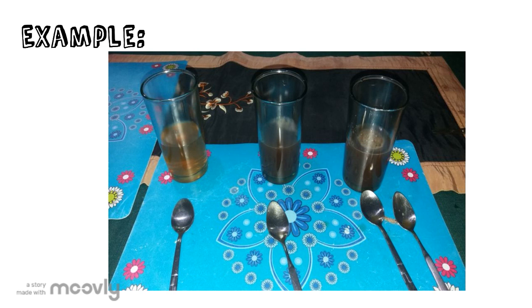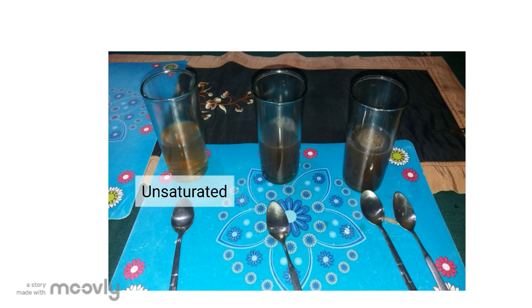After mixing them together, as you can see, the first glass has a duller color than the rest of the glasses. This means that the first glass is known to be unsaturated solution. It has less amount of solute, giving a lesser concentration. The second glass is known to be the saturated solution.